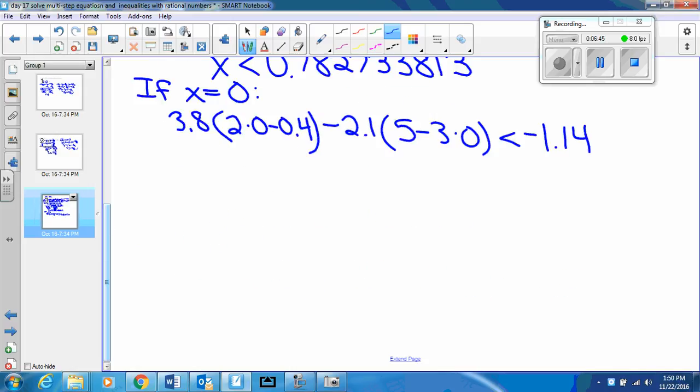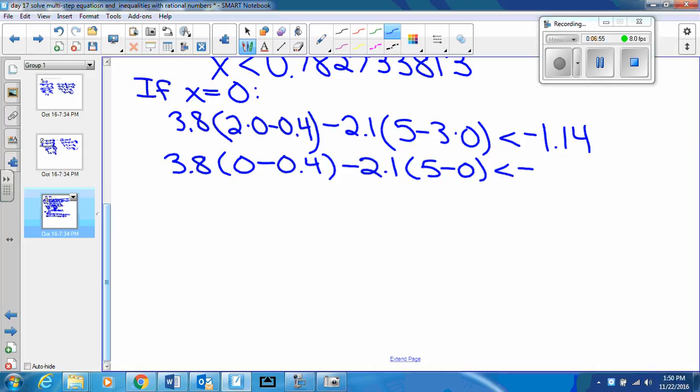In the parentheses, do the multiplying. So 3 and 8 tenths times 0 minus 4 tenths minus 2 and 1 tenth times 5 minus 0 is hopefully less than negative 1 and 14/100. Now do the subtracting in the parentheses.